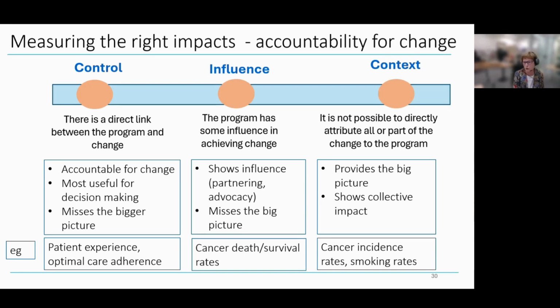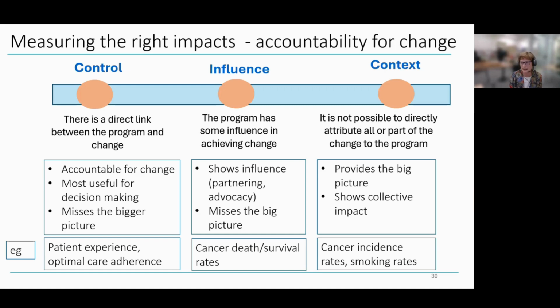So they're under the control of a project, or more broadly under the control of an organisation. Then there are changes that you can influence. You don't control them, but you have influence.